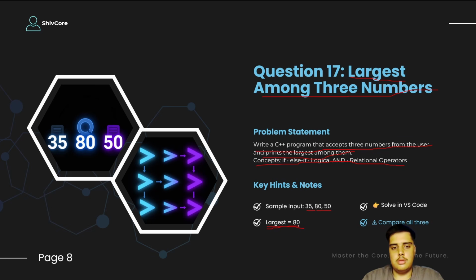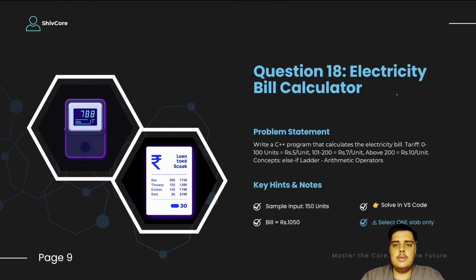So coming to the next question, here electricity bill calculator. So we have to write a C++ program that calculates the electricity bill. Let's say tariff on 0 to 100 units is rupees 5 per unit, and tariff from 101 to 200 is 7, and above 200 units is rupees 10 per unit.